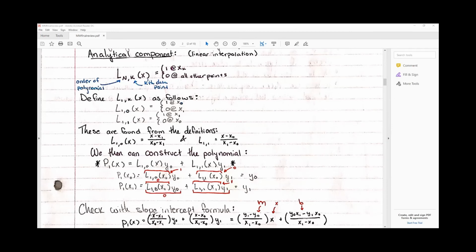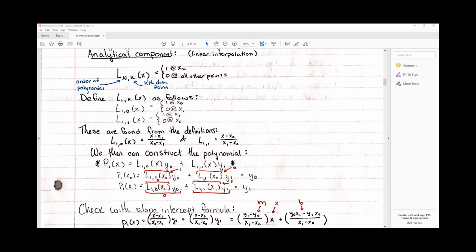Anyway, this looks disgusting and complicated, but really your entire Lagrangian interpolation of all of your data is going to be this polynomial. For a first order polynomial, this P sub 1 of x is your entire interpolation of your data. You find multiple Lagrangian interpolators, which are these coefficients, L sub 1,0 and L sub 1,1.